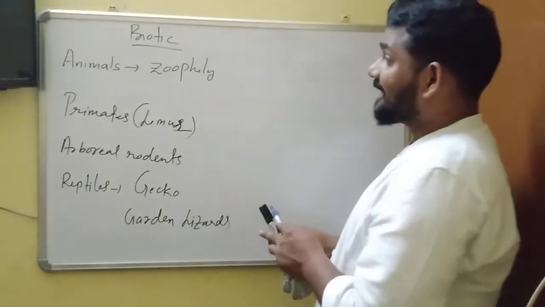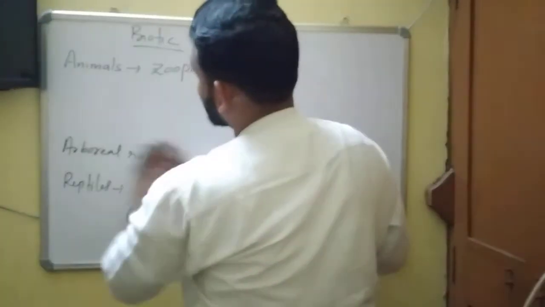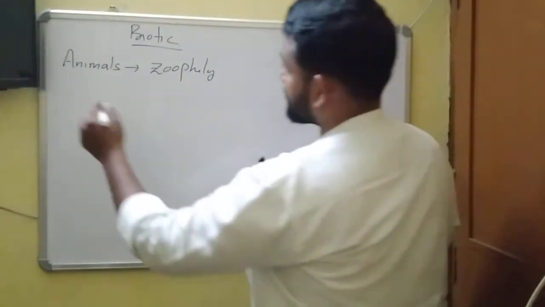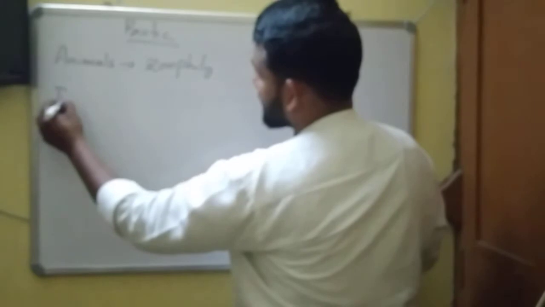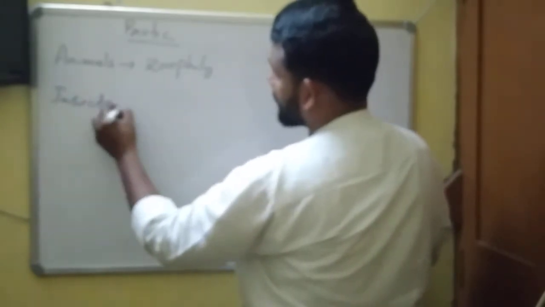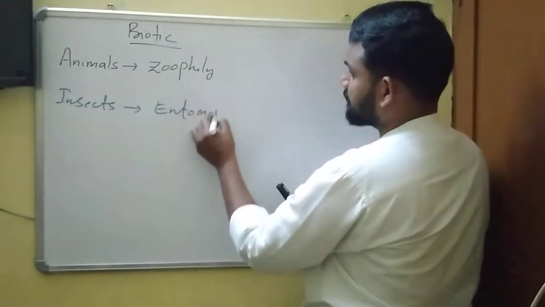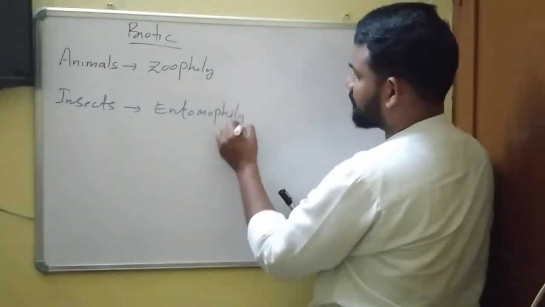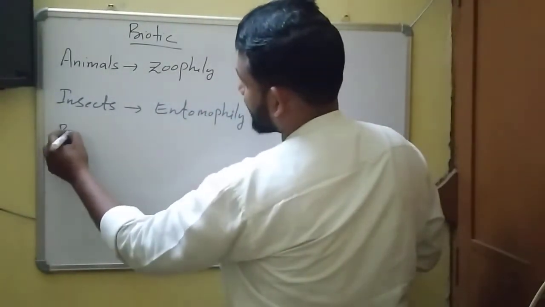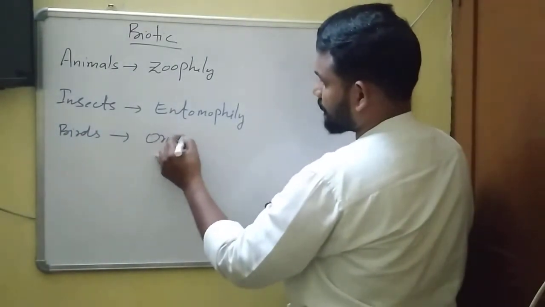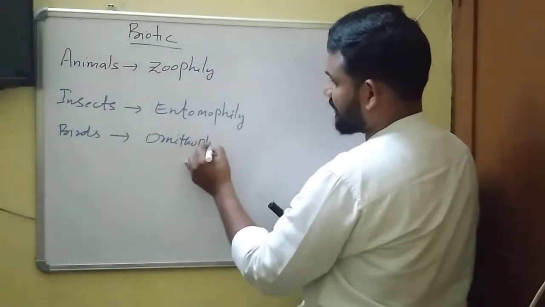Depending on the type of animal, zoophily can be divided into various types. If cross pollination occurs through insects, it is called entomophily. If it occurs through birds, it is called ornithophily.